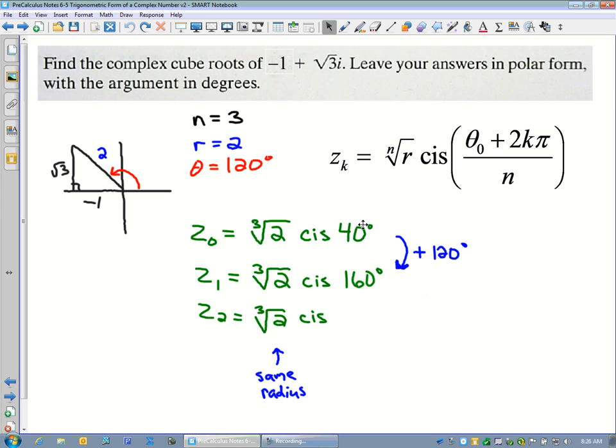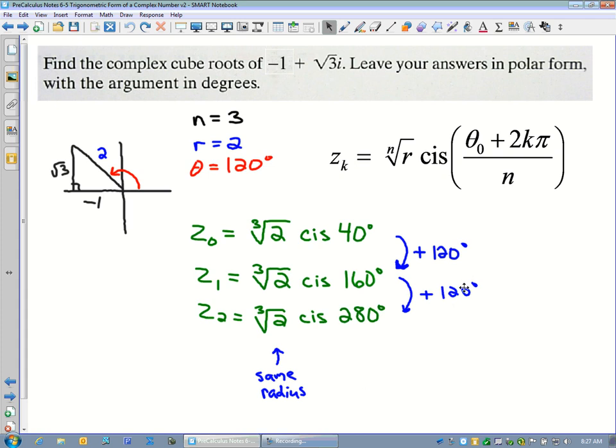That initial angle doesn't change. And then I have 360k divided by the n. The 360 over n ratio, which is 120, doesn't change. The only thing that's going to change is k, how many of those we have. So really, if we add another 120 degrees, we're going to have our next answer, which is 280.